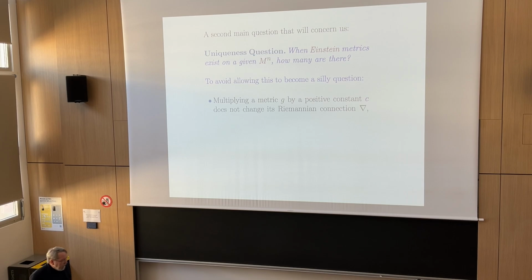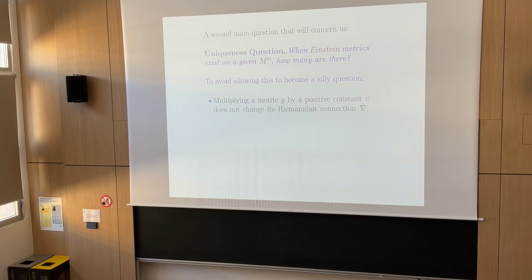So there's another cheap trick that you can use to go from having one Einstein metric to having more of them. This does not involve quite so much flexibility, but if you multiply an Einstein metric by a positive constant, that new Riemannian metric will turn out to be Einstein.